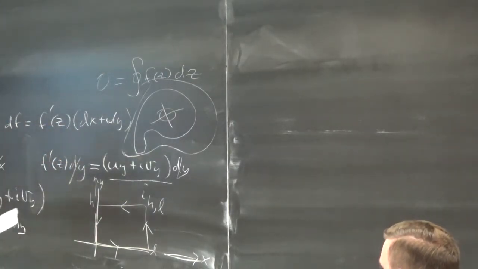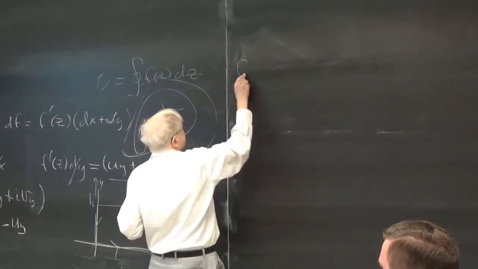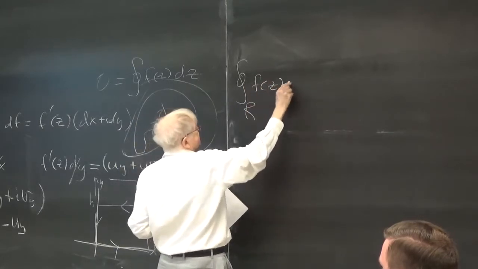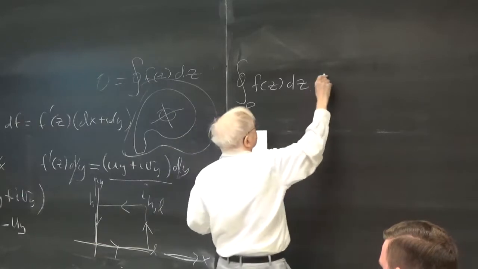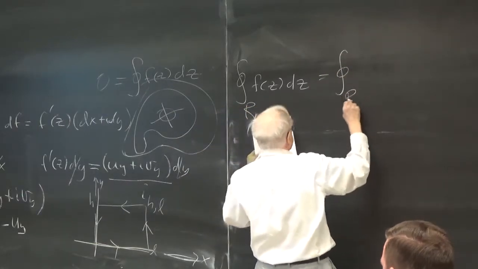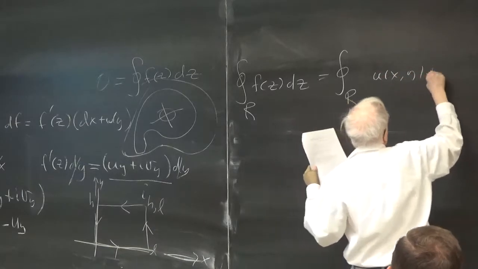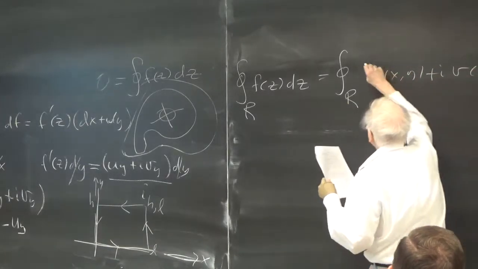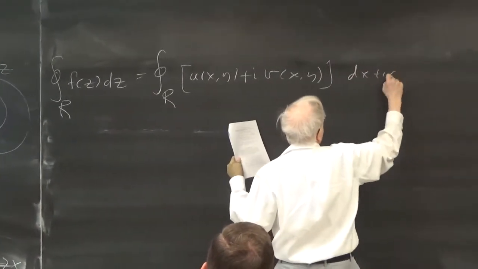So the integral around this rectangle of f of z dz is then an integral around the rectangle of u of x and y plus i v of x and y, times dx plus i dy.